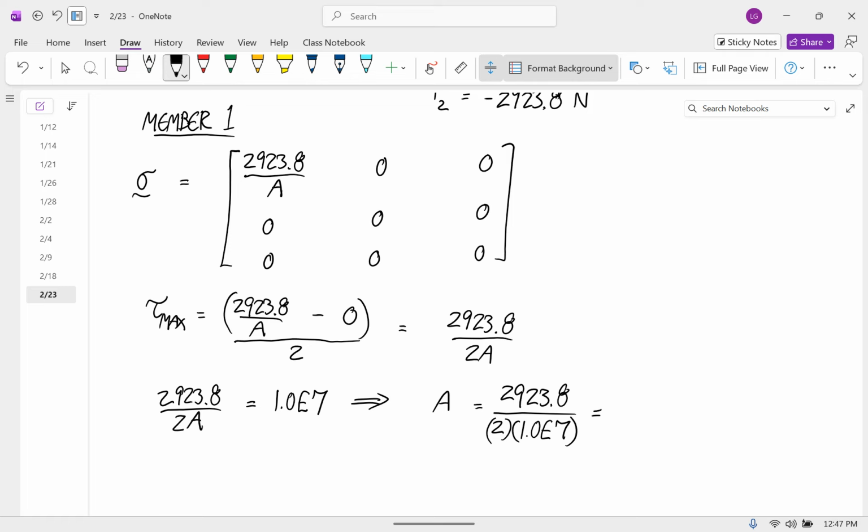And we get an answer of 1.462 times 10 to the minus 4 meters squared.